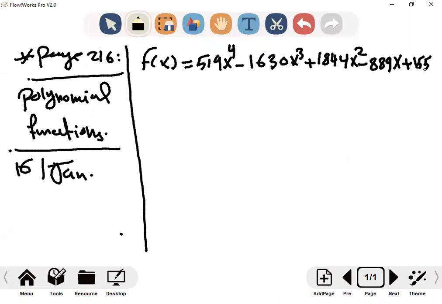At the core, x equals 0, and at the surface, x equals 1.